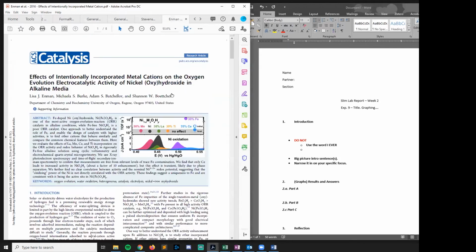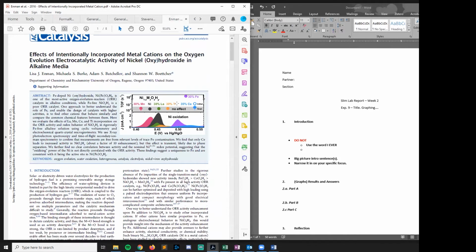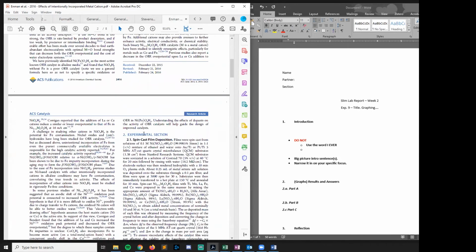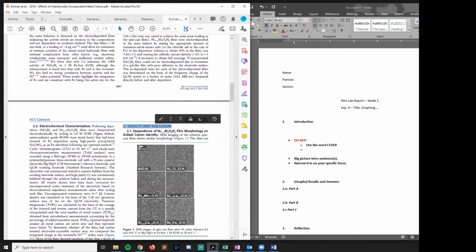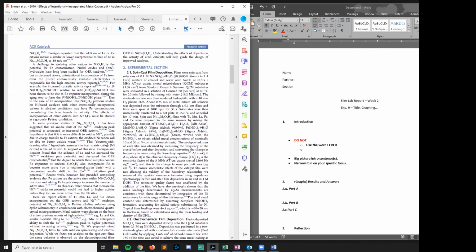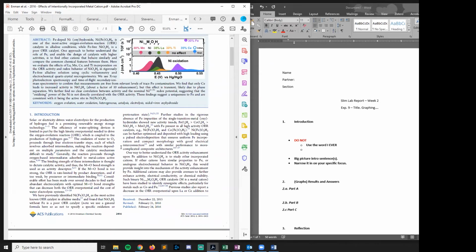This is a paper from a coworker of mine. You don't have to understand any of this. I just want to use this as an example of what I'm teaching you in this idea of the introduction and experimental section. These are proper sections of a professional level paper. This is not just teaching you for the sake of a homework assignment.